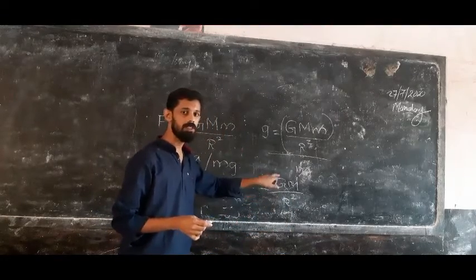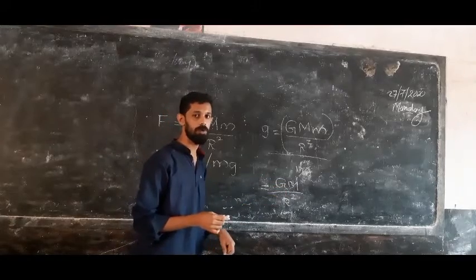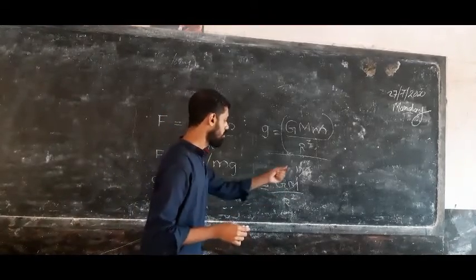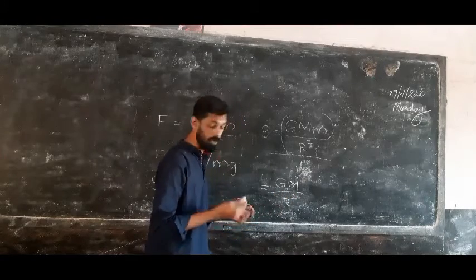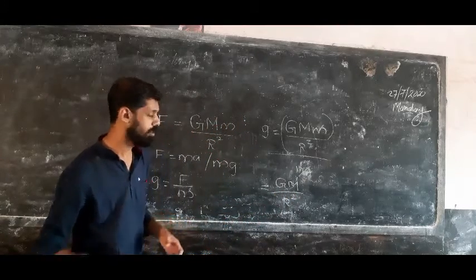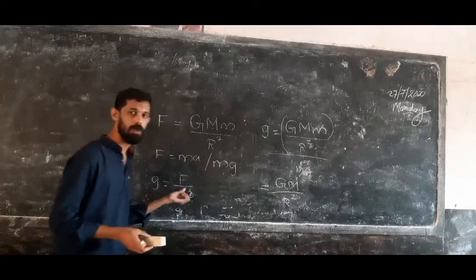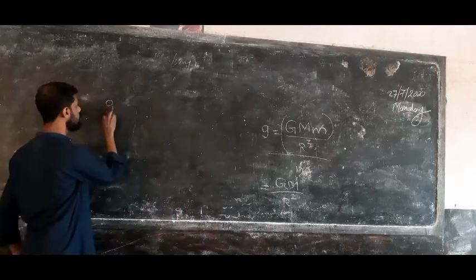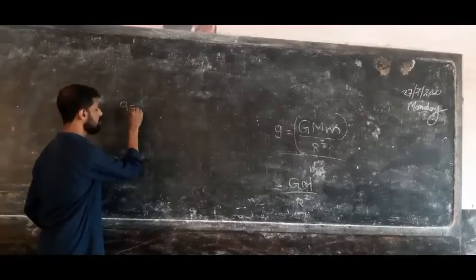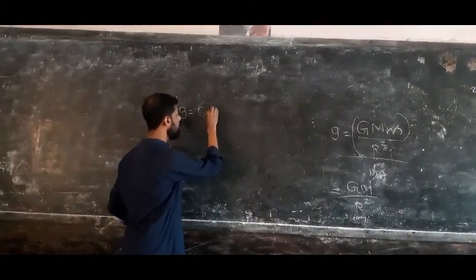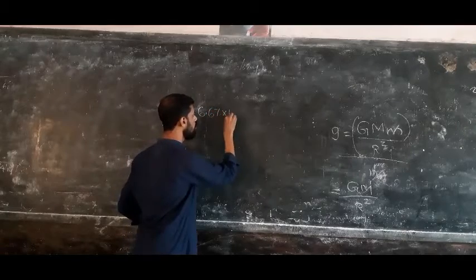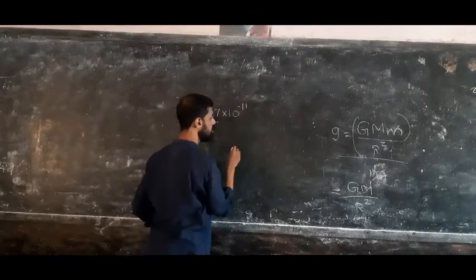We know the value of G. What is that? 6.67 into 10 to the power minus 11. In the same way, the mass of the Earth and radius of the Earth values we need to substitute in this equation. Hope you take a note of this one. So g equal to, first we substitute the value of capital G, 6.67 into 10 to the power minus 11.